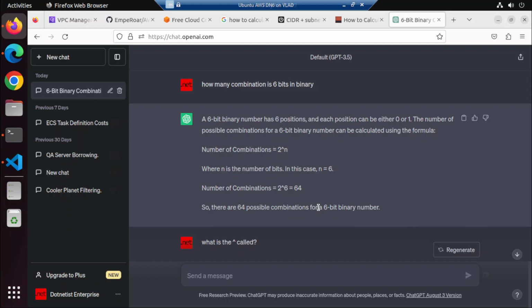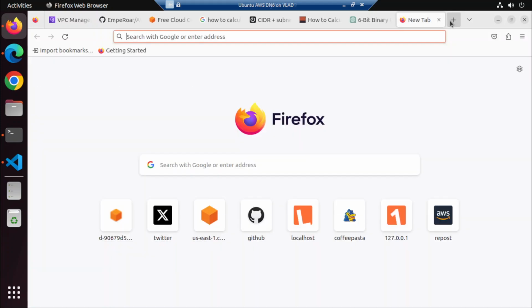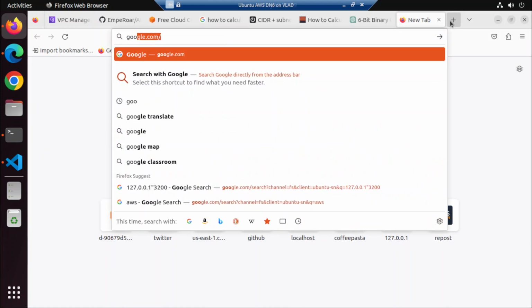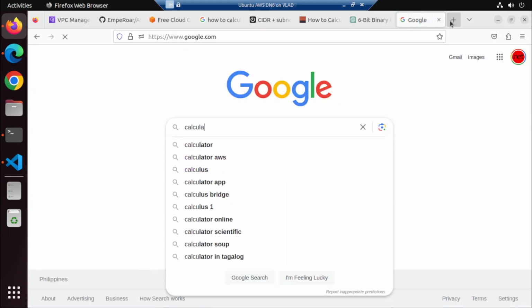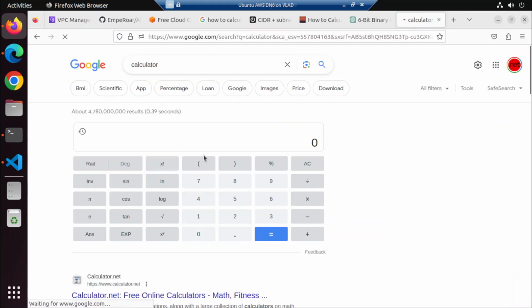Right, 2 to the power of 6. How do we calculate that? Calculator. Okay, how do we do that? Where is the to the power?